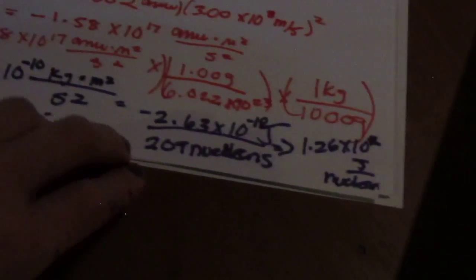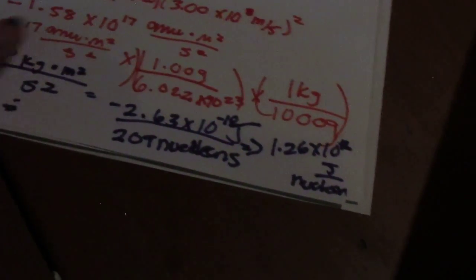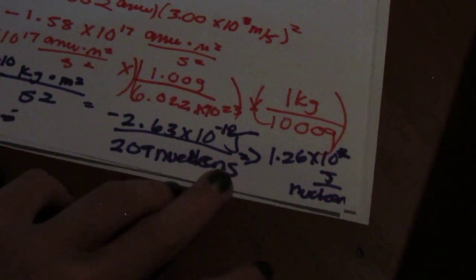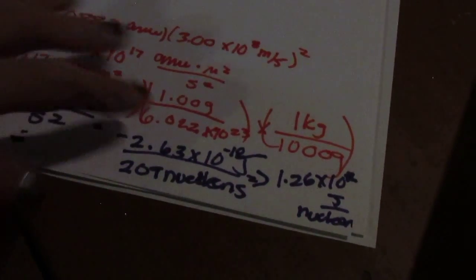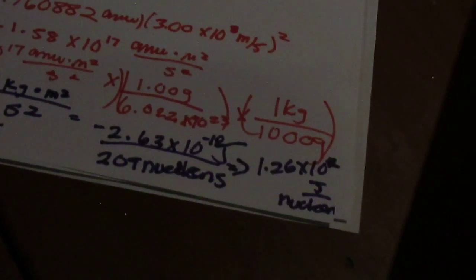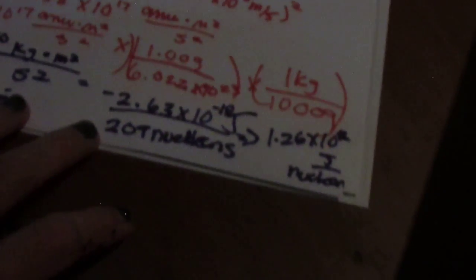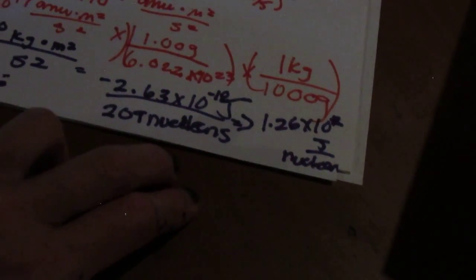So we go down here, and this is actually the units to have energy. So we have -2.63 times 10 to the -10 joules, and we divide that by 209 nucleons.